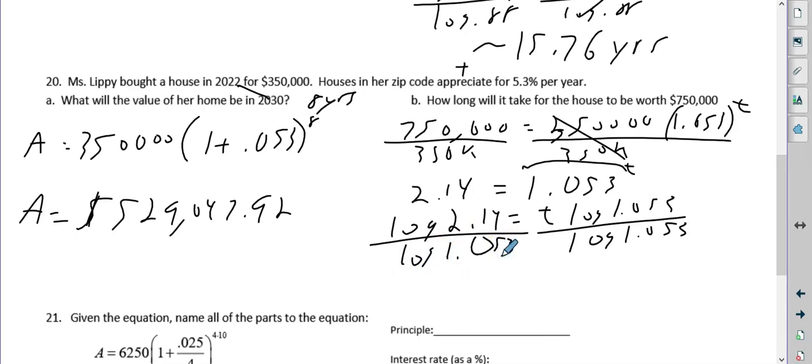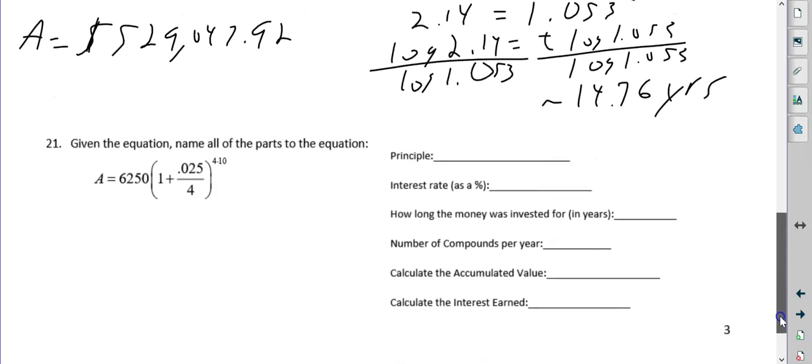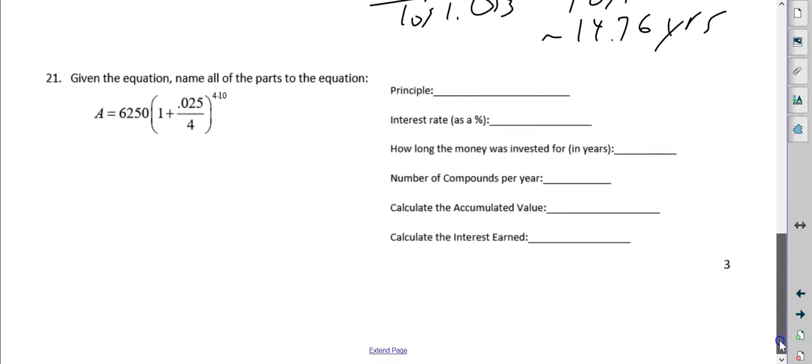I'm just going to type that in the calculator, log 2.14, close parentheses, don't forget that, divide by log 1.053, and we get approximately 14.76 years. So again, about 14 3/4. Okay, 0.75 is 3/4, so about 14 3/4 years.